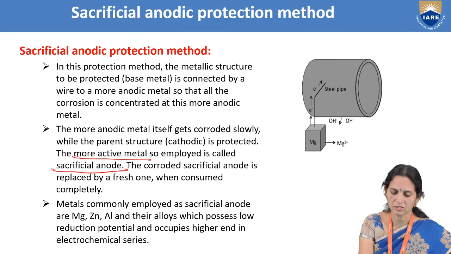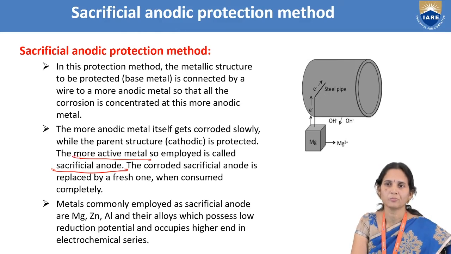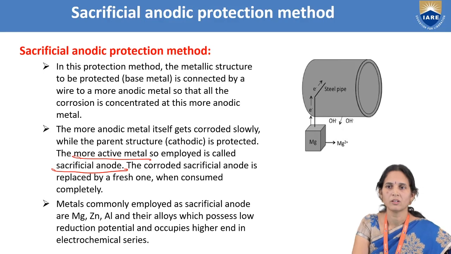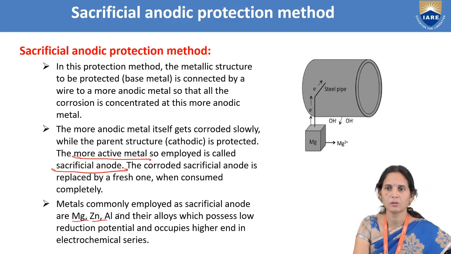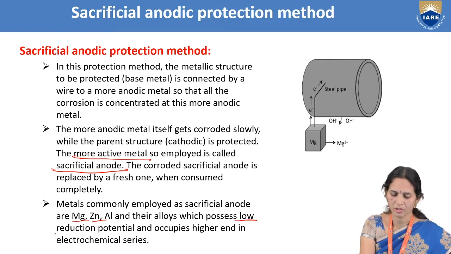The corroded sacrificial anode is replaced by a fresh one when it is consumed completely. Most commonly used sacrificial anodes are magnesium, zinc and aluminum and their alloys, which possess lower reduction potential.